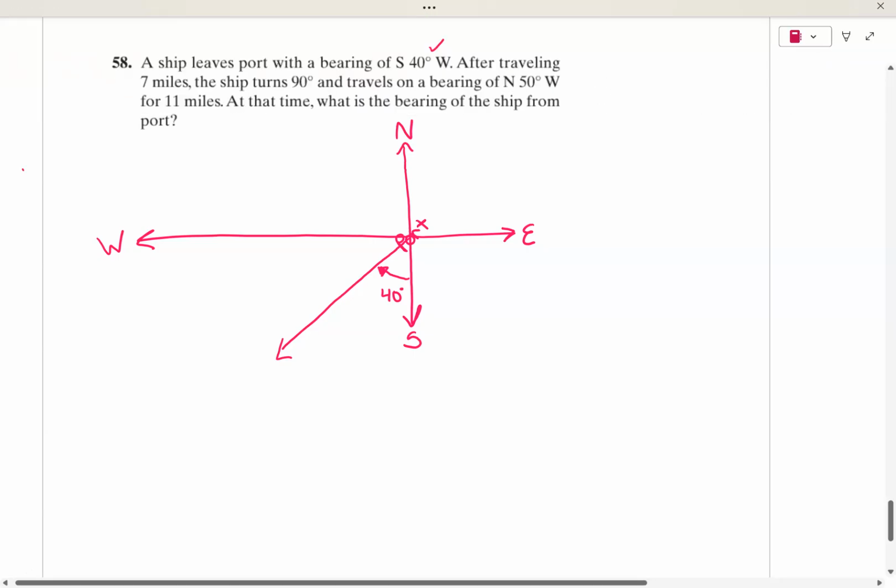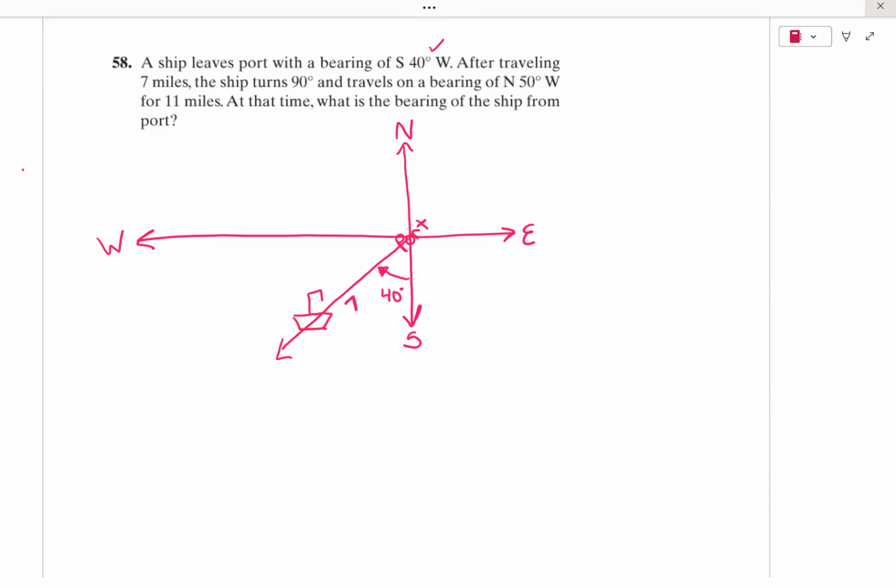Oh, by the way, it said it traveled 7 miles. Let's get my 7 on there. So this is 7 miles. So let's just say it stopped right here. We will just draw the ship.